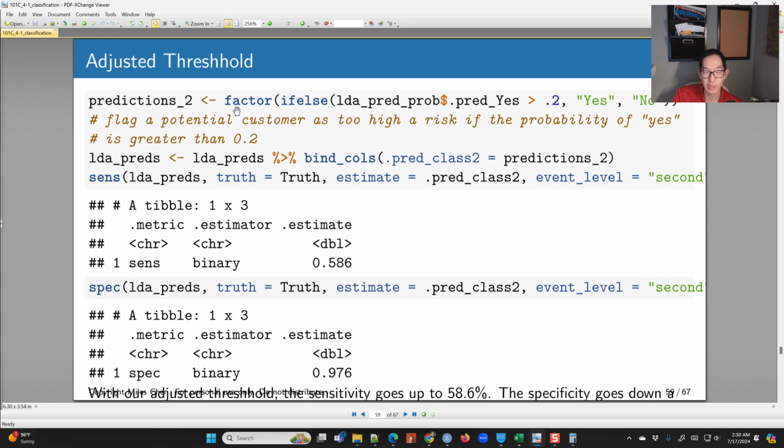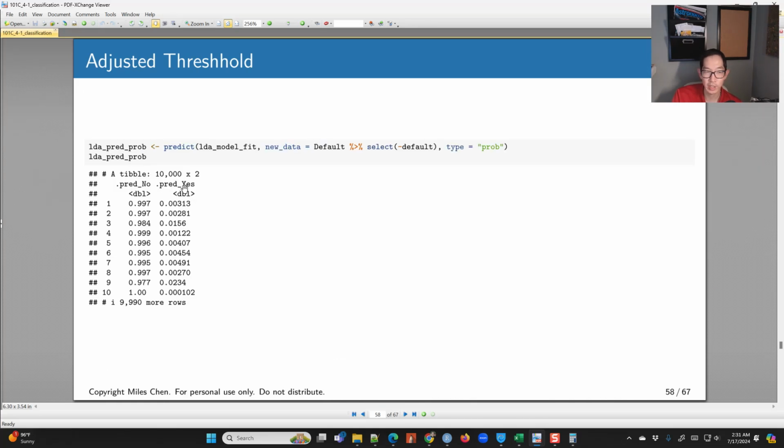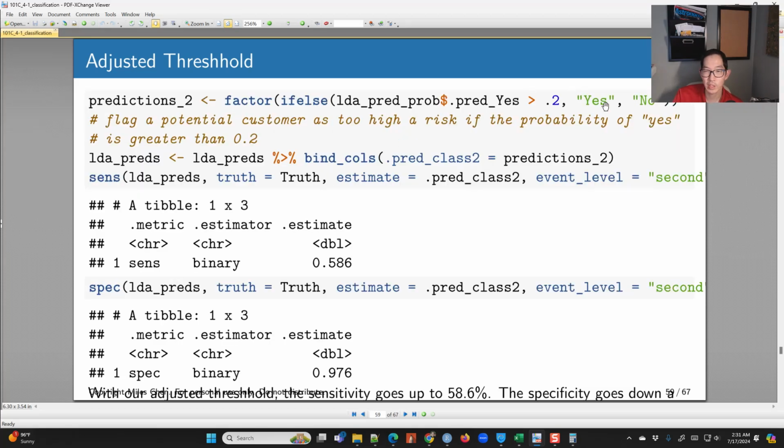My predictions will have a yes or a no based on the .pred_yes column. We take this probability yes, and if that number is over 20%, we put yes, otherwise no, using an if_else. Then we bind that to our current predictions.